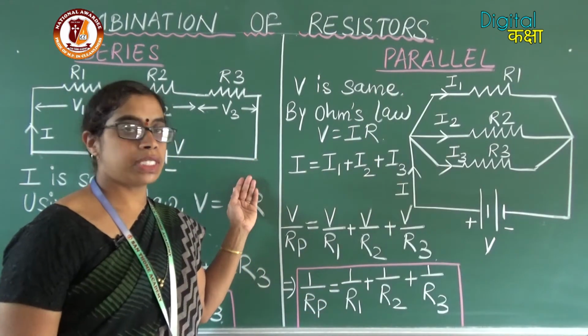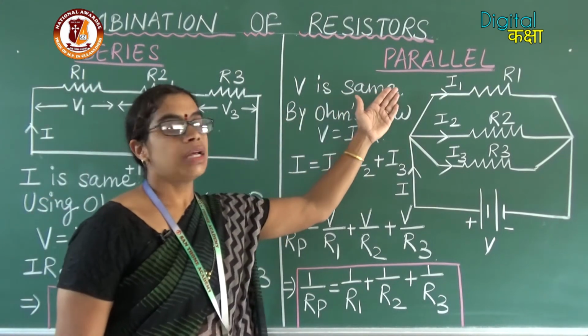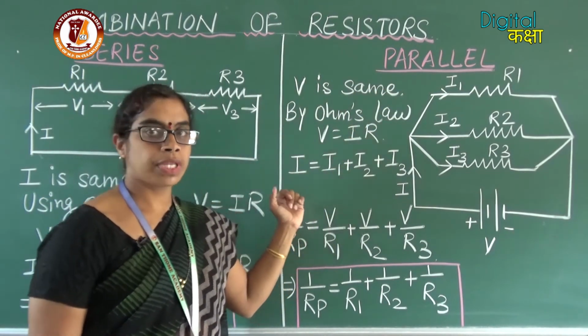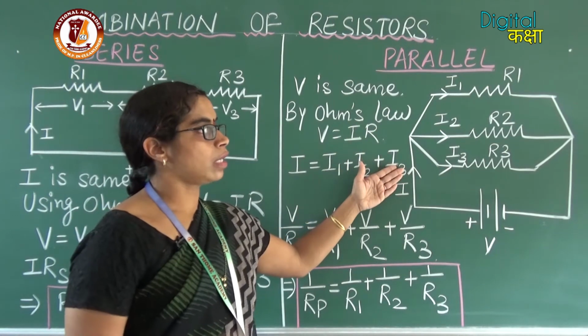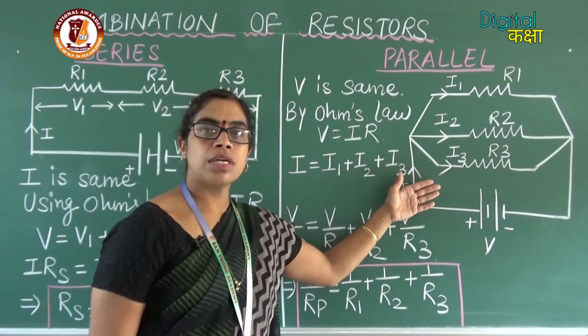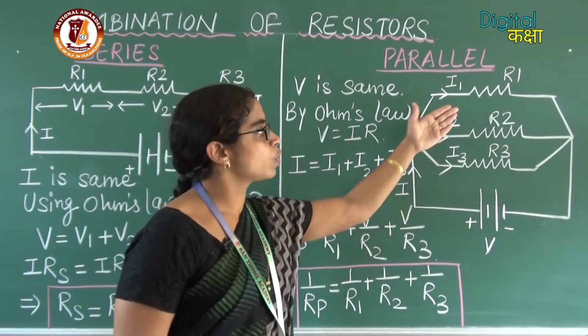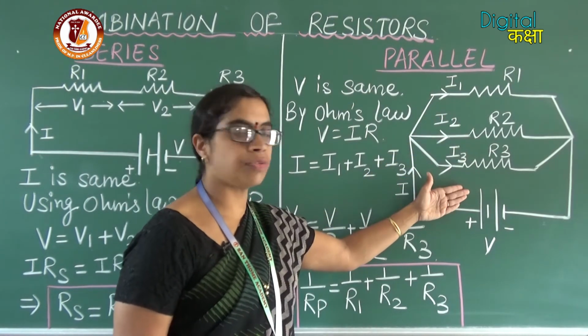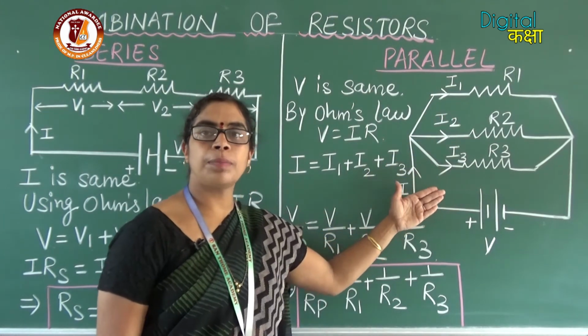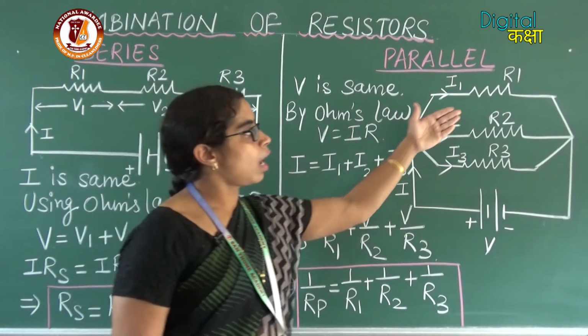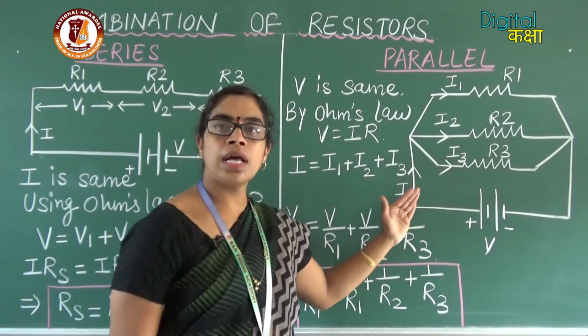After the series combination, let us understand the parallel combination. In parallel combination, the three resistors with resistance values R1, R2 and R3 are connected in parallel, or connected one below the another.